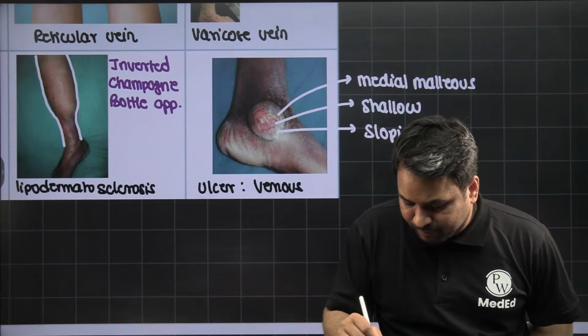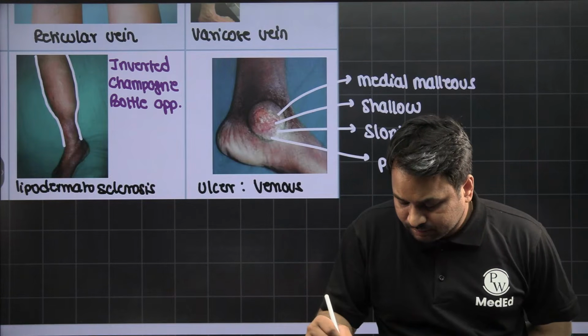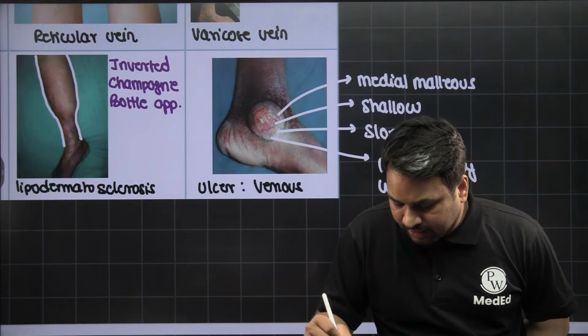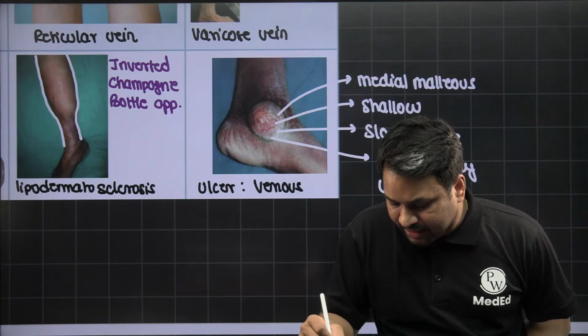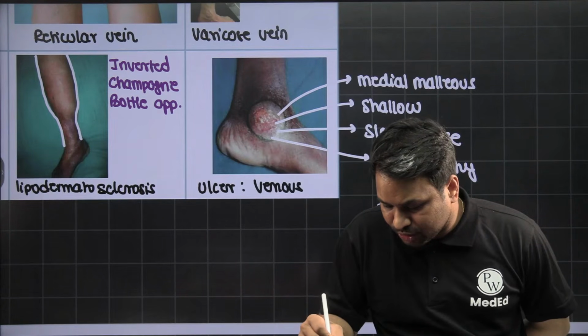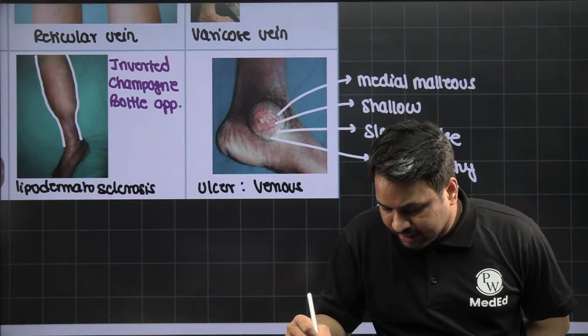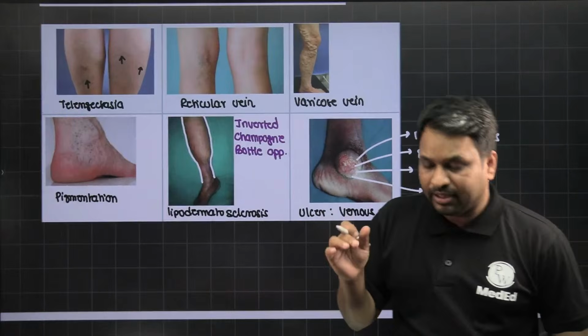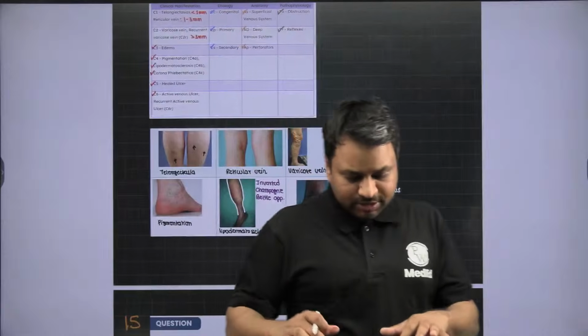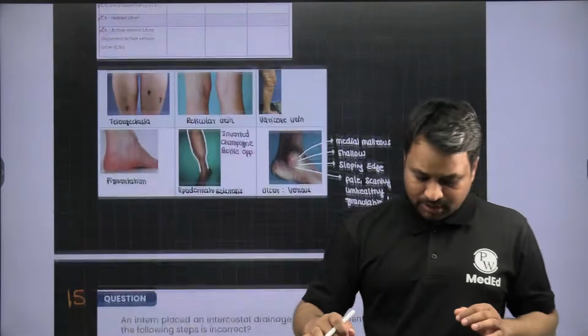And it is going to have pale, scanty, unhealthy granulation tissue. These are the findings that you can see for venous ulcer. So this is in the context of varicose veins.